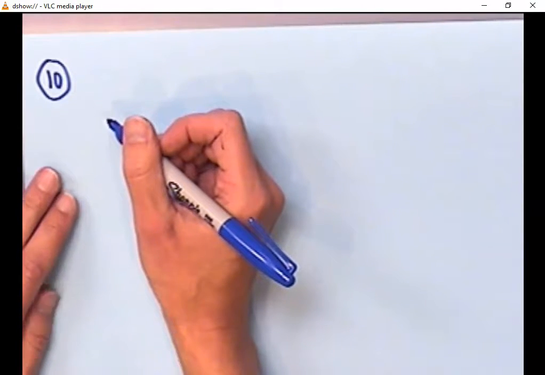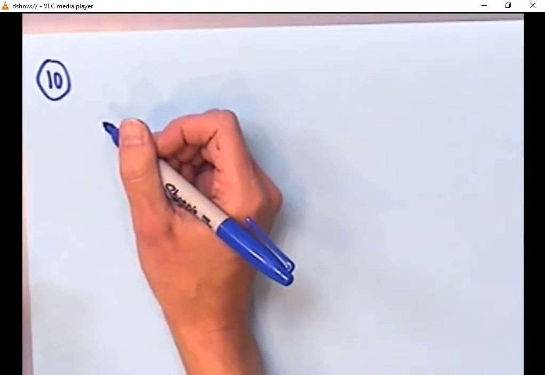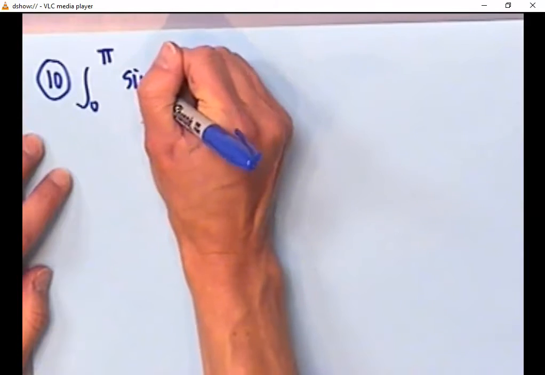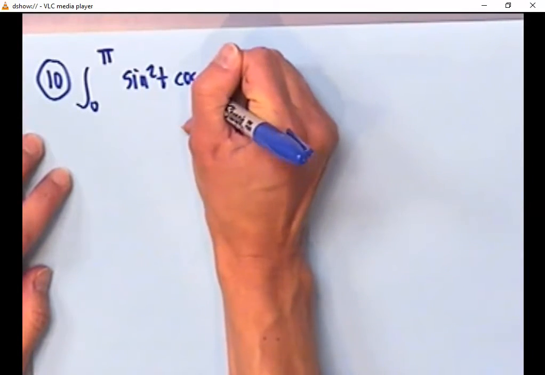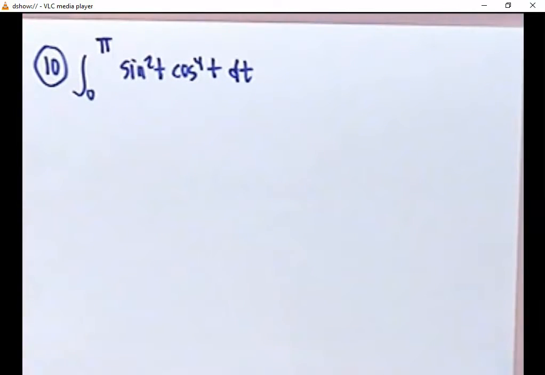Is it from 0 to pi, sine squared, cosine to the 4th? This one probably took the most work, because what happens when they're both even like this? What do you have to use here?